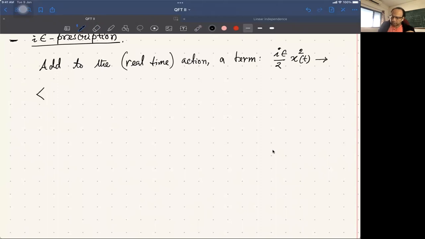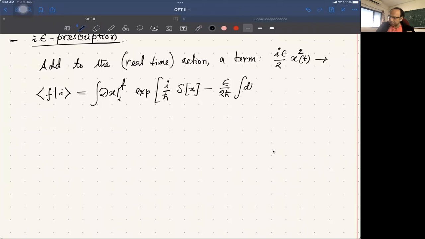Then in that case, this matrix element will be integral dx from i to f, exponential i over h bar S of x minus epsilon over 2h bar integral dt from ti to tf x of t square.